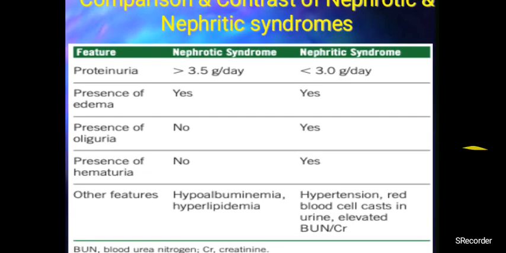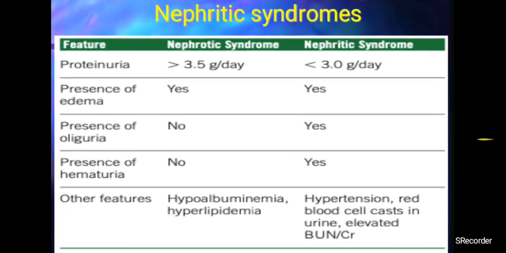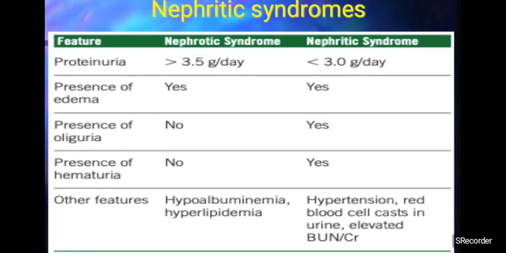This table is trying to compare differences between nephrotic and nephritic syndrome in terms of proteinuria. In nephrotic syndrome, there is above 3.5 grams of proteins lost in a day, while in nephritic syndrome it is less than 3 grams per day.